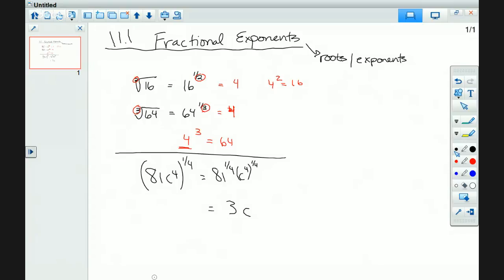So it'll make your life a lot easier. It's made my life a lot easier because I'm a math teacher. But many of you know the squares, right? 2 squared, 3 squared, 4 squared, 5 squared. You're pretty good there.